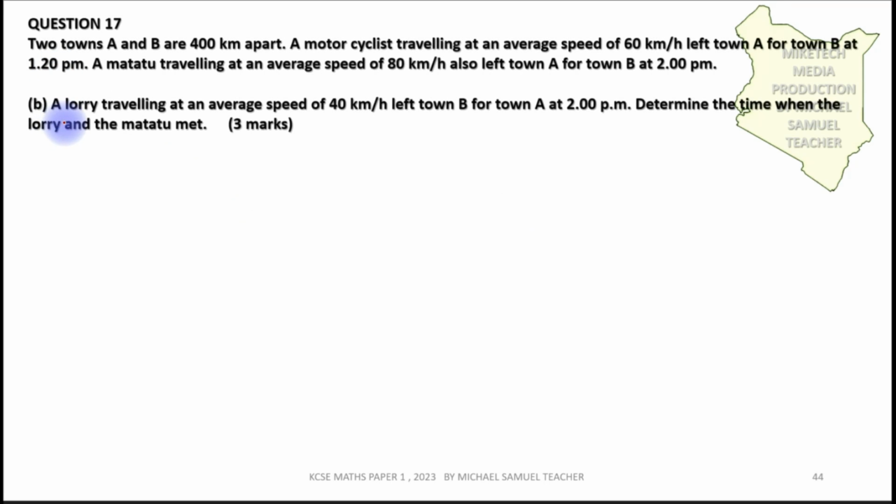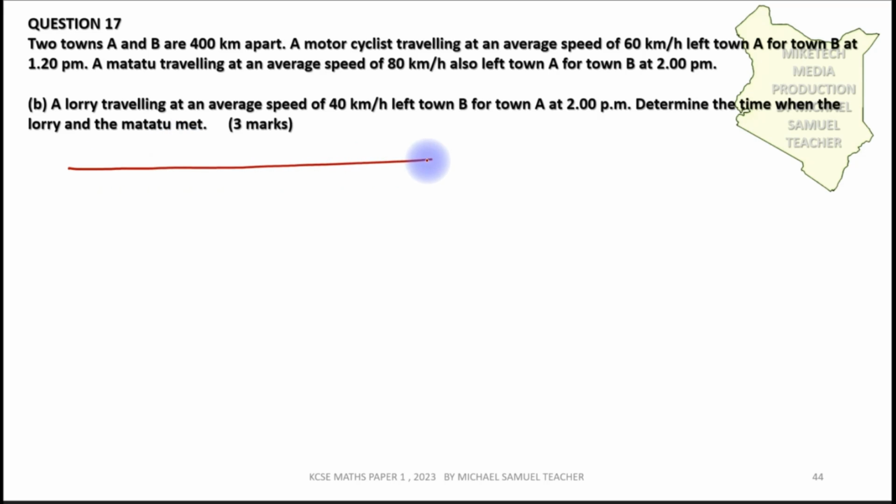Then part B of the question: a lorry traveling at an average speed of 40 km per hour left town B for town A at 2 p.m. Determine the time when the lorry and the matatu met.